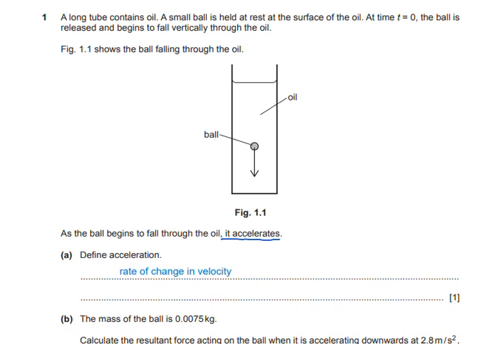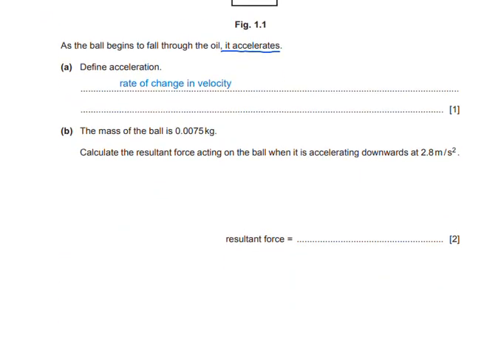B part. The ball has a mass of 0.0075 kg. Calculate the resultant force acting on the ball when it is accelerating downwards at 2.8 meter per second squared. So we're talking about the acceleration.